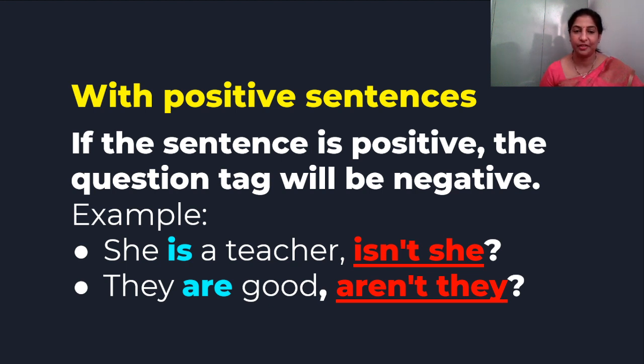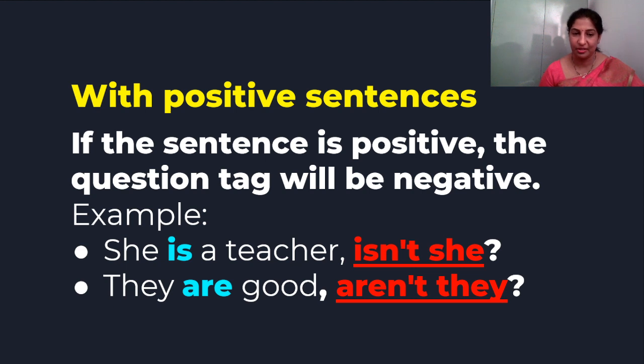So you can see the first statement is a positive statement. So when the statement is positive, you have to use a negative question tag. Is is used in its negative form, that is isn't, and next she is repeated. After the question tag, we use a question mark.